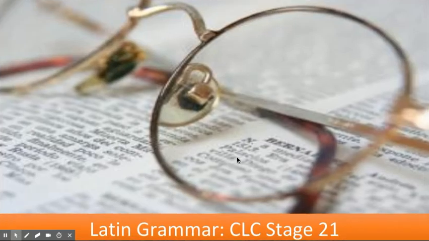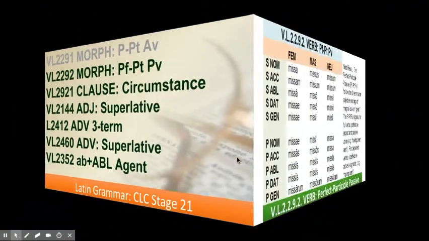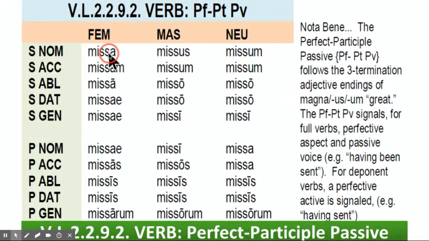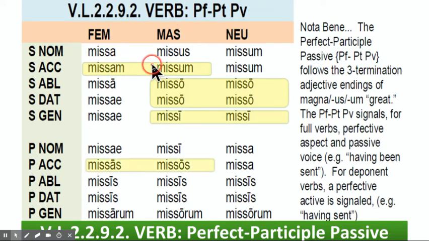Perfect participle, passive, it's a little different. It's formed off of our good old magnus, magna, magnum, first, second, neuter declensions. It is a participle, which means it's a verb form. It looks a lot like the perfect indicative, except it's a little different. Instead of M-I-S-I, it's M-I-S-S-U-S.